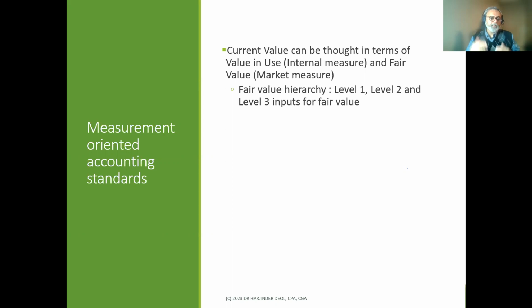So we are in a way incorporating current value information in there, provided the current value is not less. If the current value is lower than the cost of the inventory, then we report the inventory at the lower of the two. If you consider investments that are carried at fair value, right?